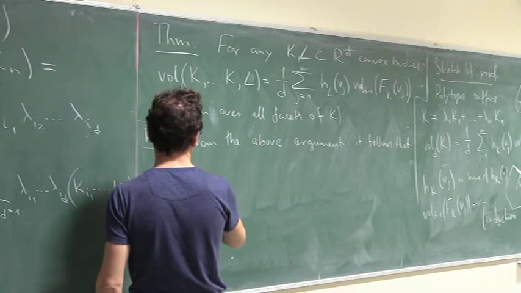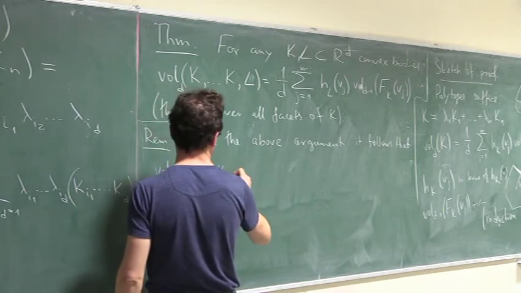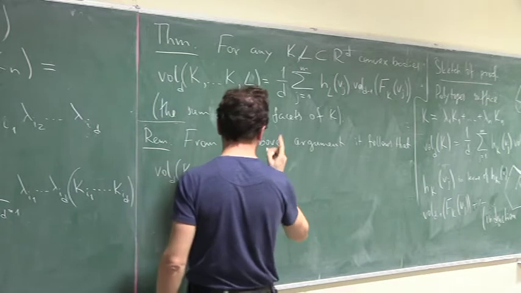So the mixed volume of d-1 copies of K and 1 copy of L is equal to the following thing.